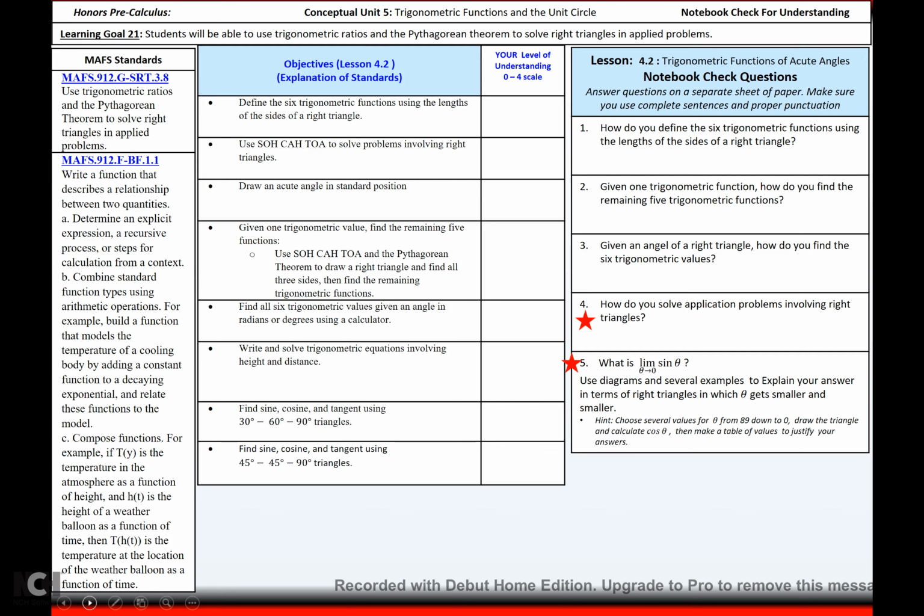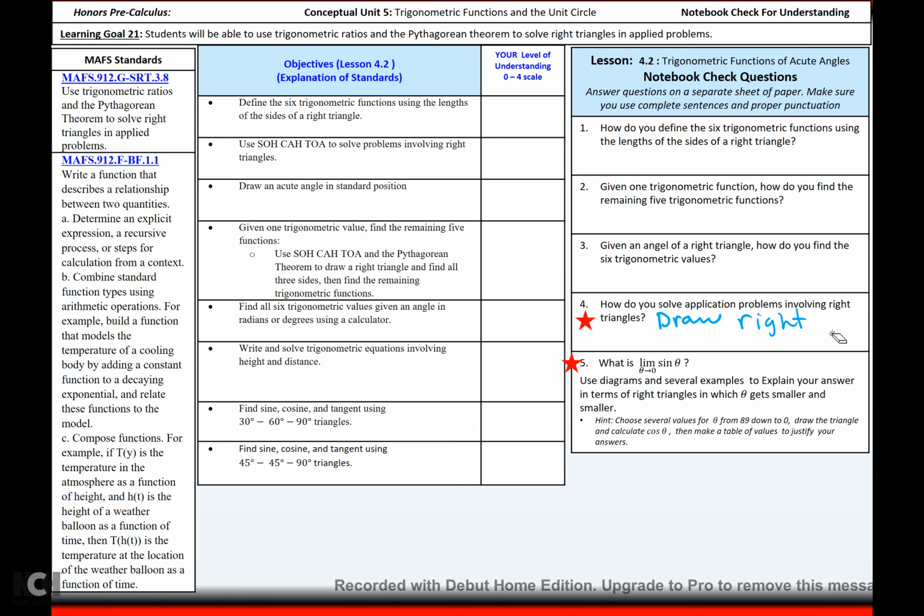Alright, so how do you solve application problems involving right triangles? Well, you either label the diagram or draw your own. Draw your right triangle. Make it look like a right triangle.